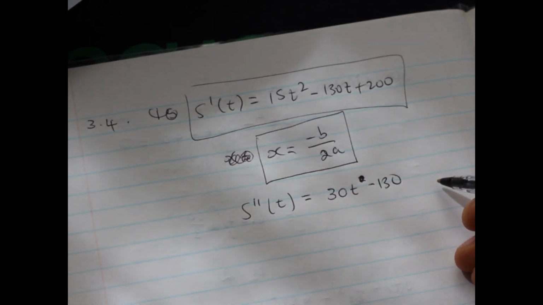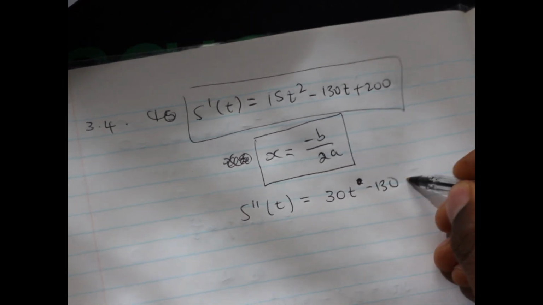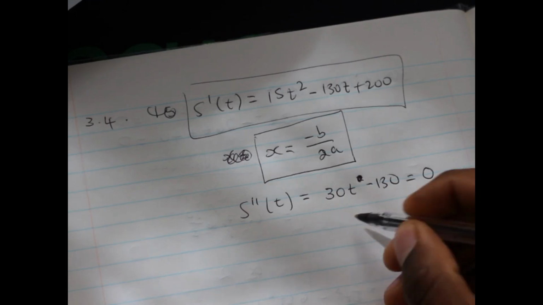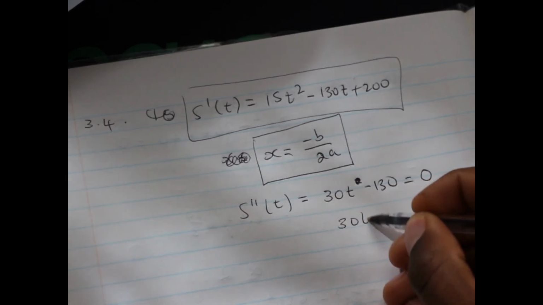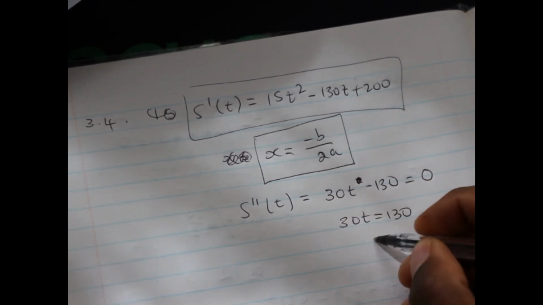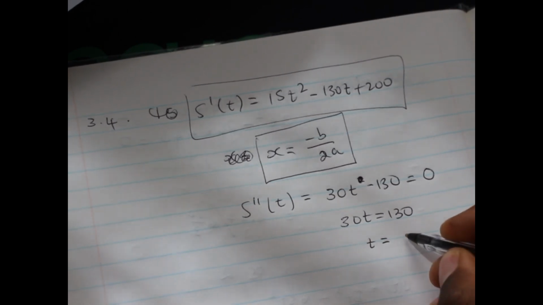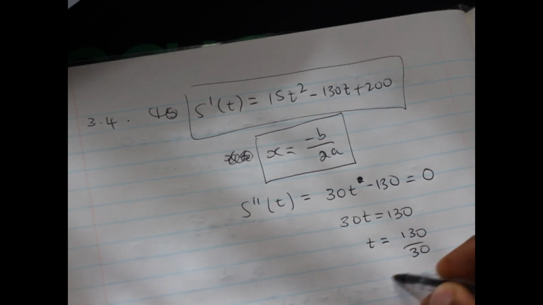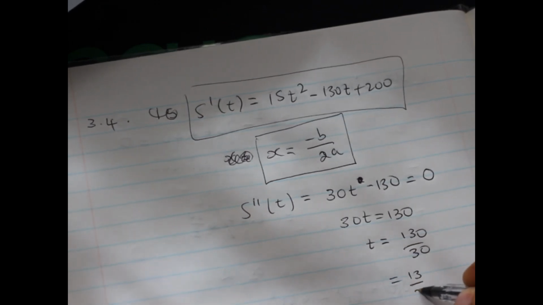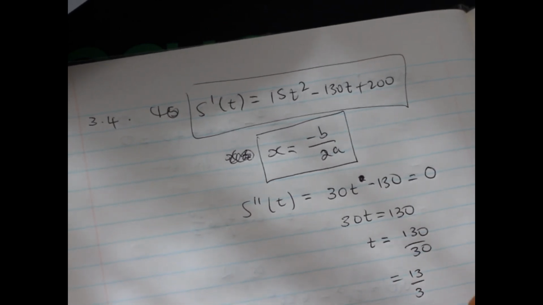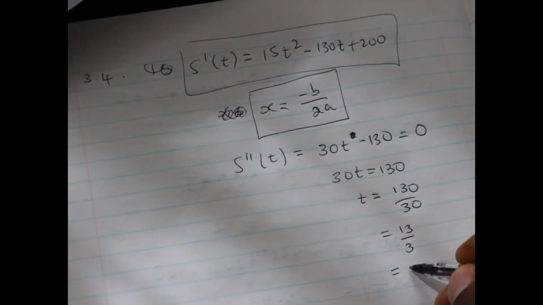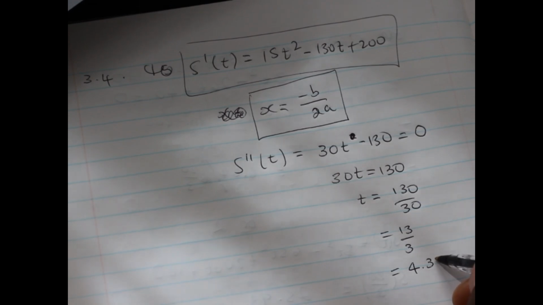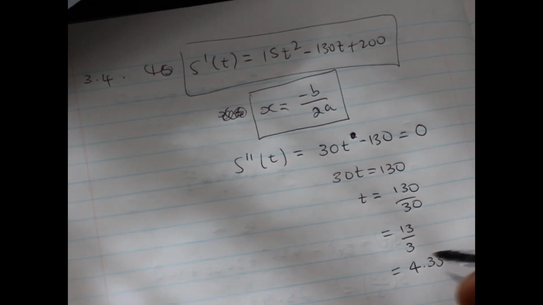So that's 30t minus 130 is equal to, we set it equal to 0, then we solve for t. So 30t is equal to 130, and then t is equal to 130 over 30, which is just 13 over 3, and that is 4.33 minutes.